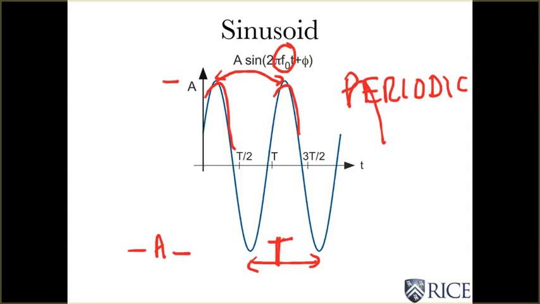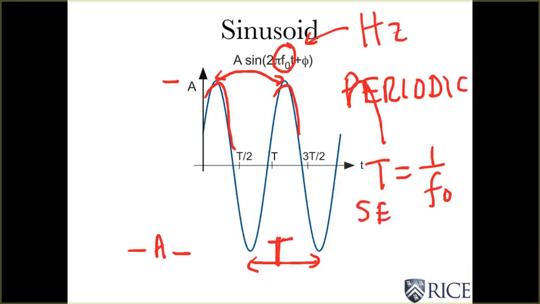If you think about it for a second, the sine wave repeats whenever f naught times T is an integer, which means that T has to be 1 over f naught. So f naught again is the frequency in hertz, and this formula gives T in seconds. So hertz has units of inverse seconds, if you will.